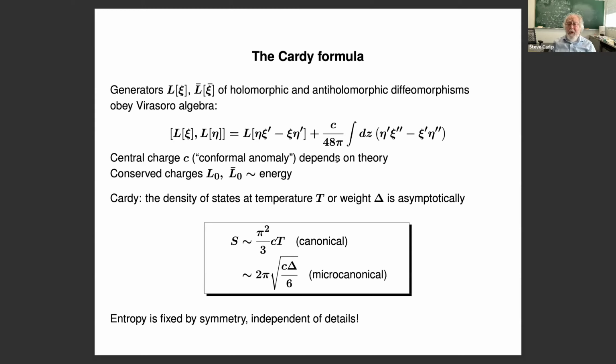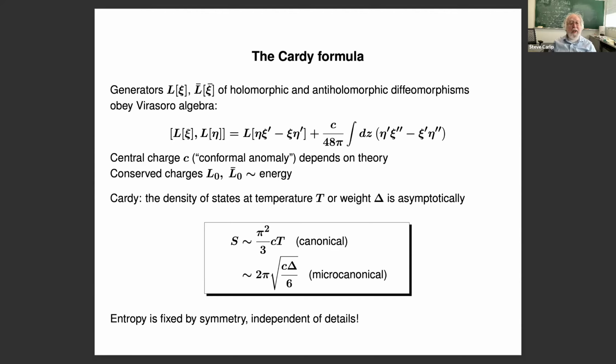Those generators obey a simple algebra, which is called the Virasoro algebra. The commutator of two generators, I'm just looking at the holomorphic part here, but the anti-holomorphic part is the same, just put bars on everything. So the commutator of two generators is first the standard thing that you would expect from commuting two diffeomorphisms.